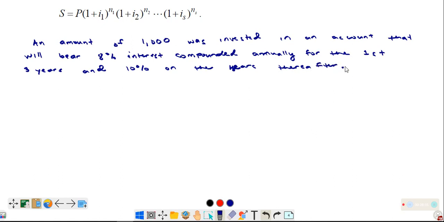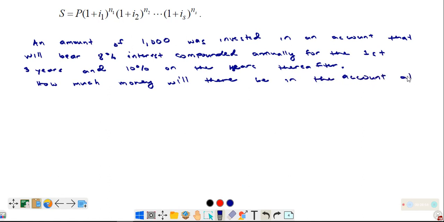Ayan, dalawa lang yung gamitin natin. How much money will there be in the account at the end of 10 years?